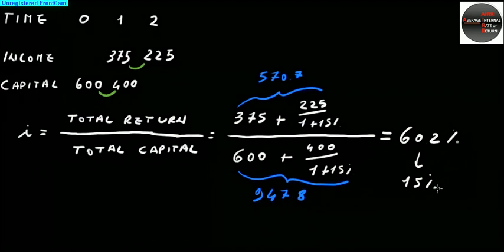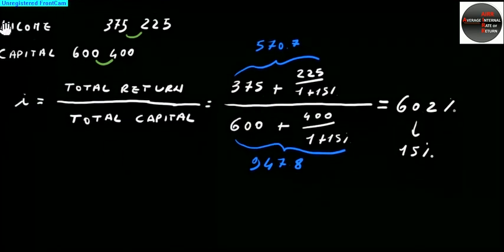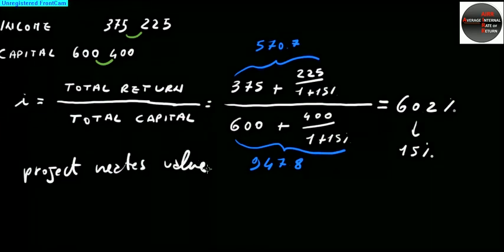So comparing the project's rate of return and the cost of capital, we can say that the project creates value. So let us write that the project creates value, and therefore the project is worth undertaking.